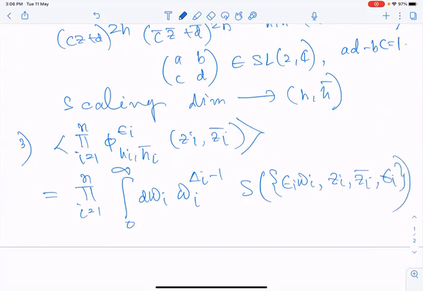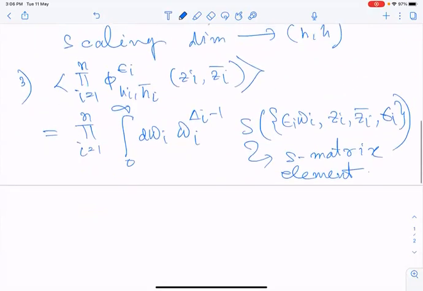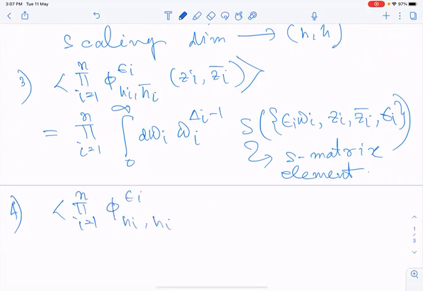This S is the S matrix element. And number 4 is that this indeed transforms like a correlation function under SL(2,C), like the correlation function of a CFT.